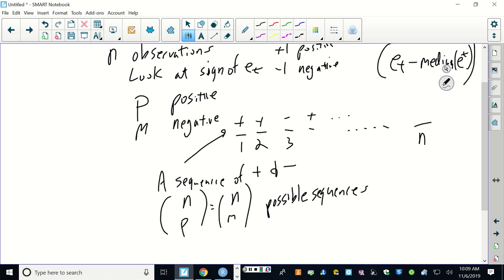You can either choose where to put the positives and then fill in the rest with negatives, or you can choose the negatives and then fill in the rest. And so under independence, these should be equally likely.